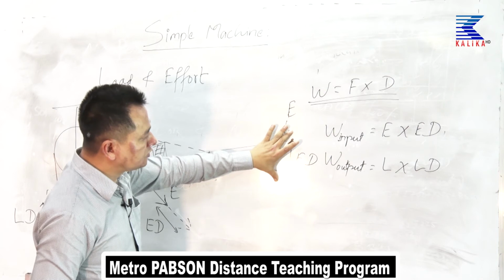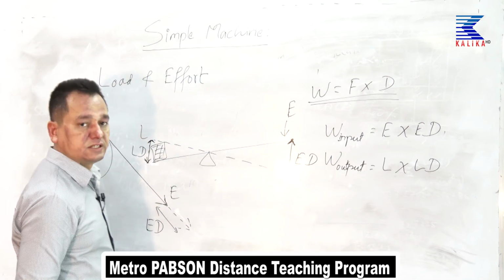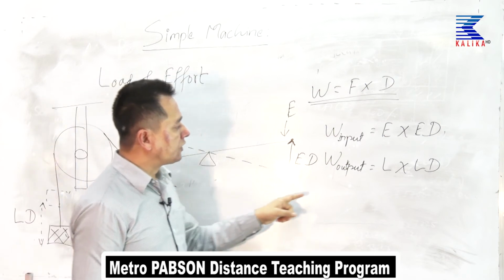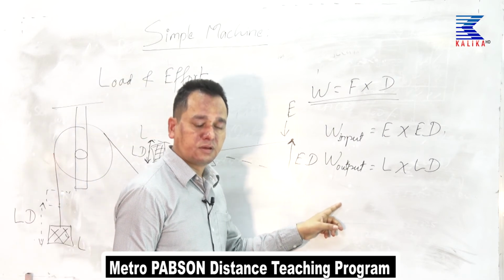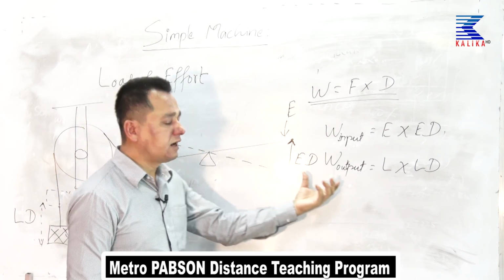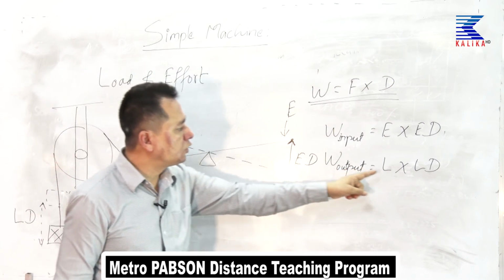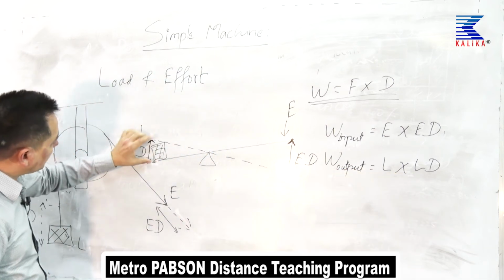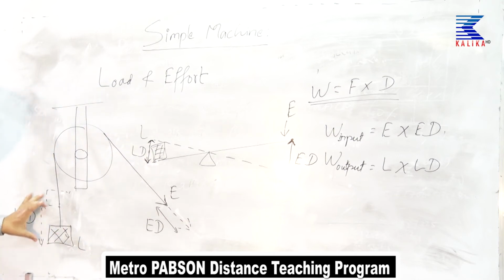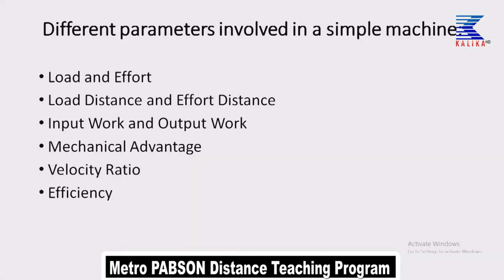And output work, done by the machine, which we expect from the machine to get done for us, is the product of load and load distance. So these are the meanings of input work and output work.